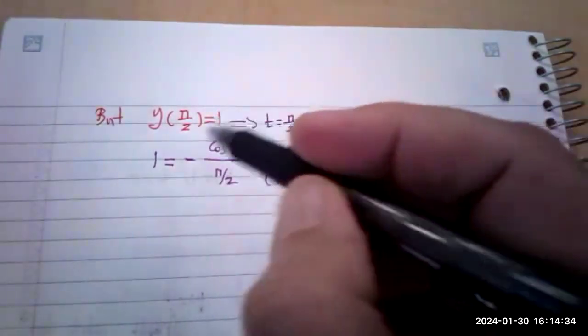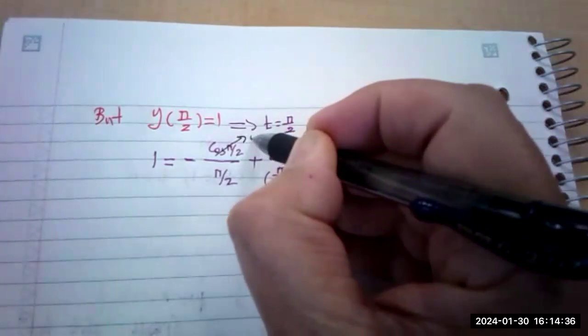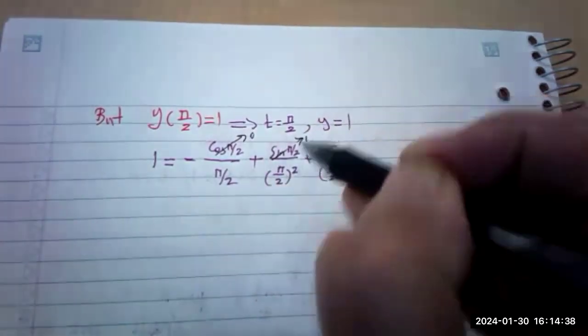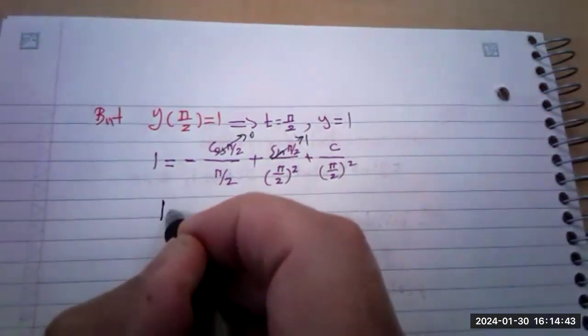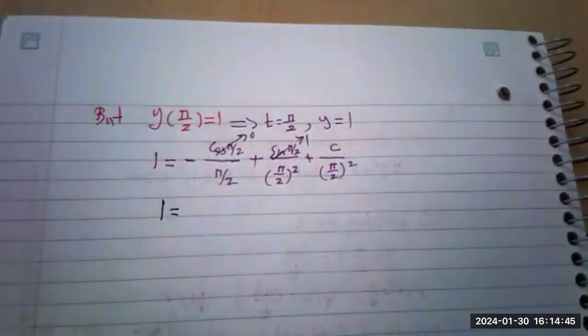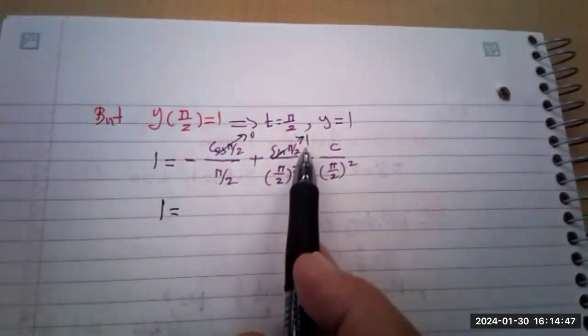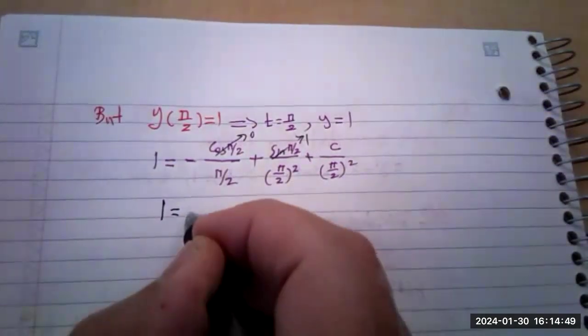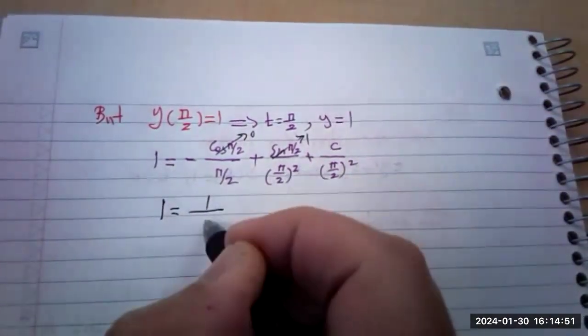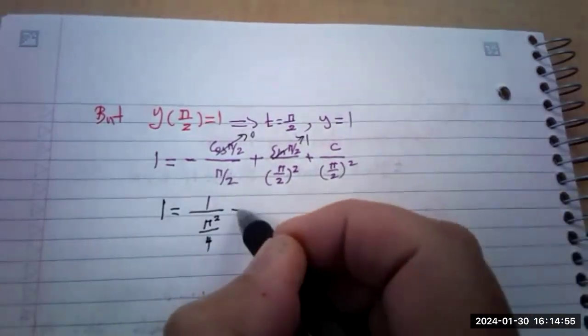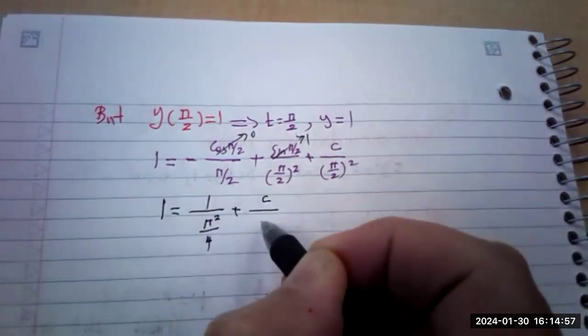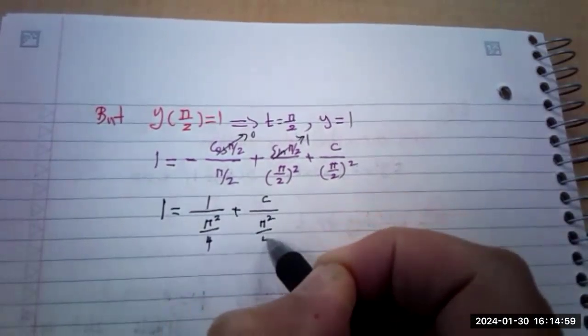Okay, the cosine of pi half would be 0. Sine of pi half would be 1. This is how we're going to simplify. It's going to be 1 equal to, okay, the first one would disappear. The second one is going to be 1 over pi squared over 4, and this is going to be c over pi squared over 4.